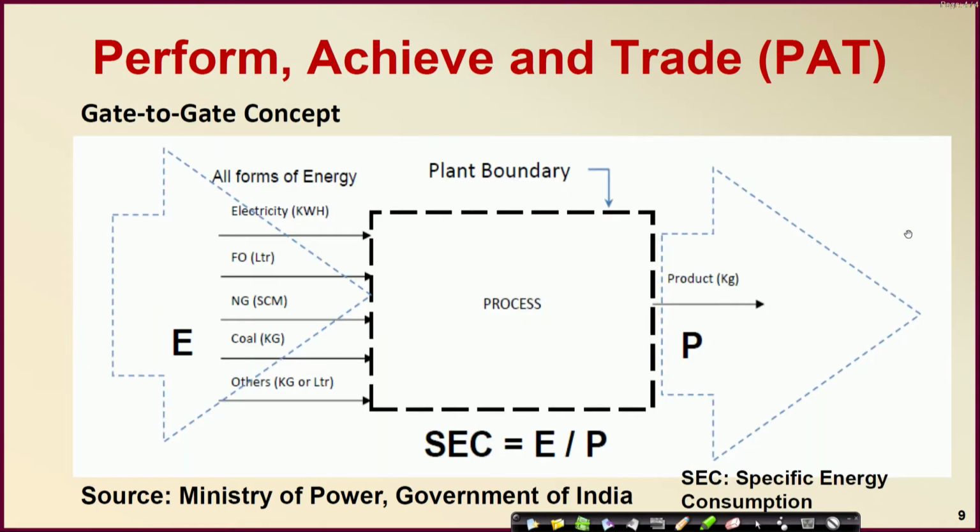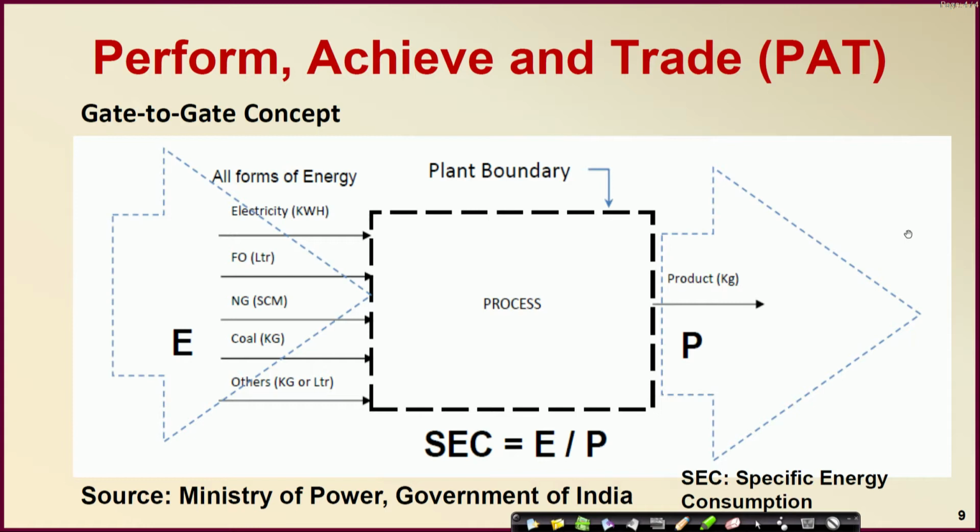So, here is the example from the ministry side which is very much applicable to the coal sector, right. You can see that all forms of energy, which you may call E, are on one side, which may be electricity, then FO and NG, and coal and others in different units. So, all these are different energy sources and the other side is the product.